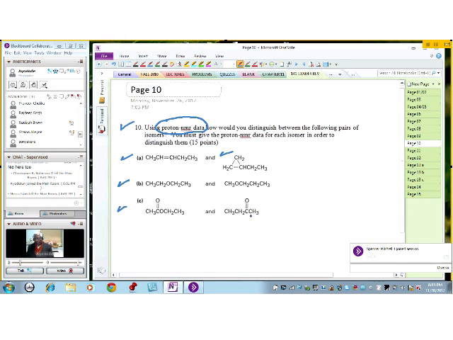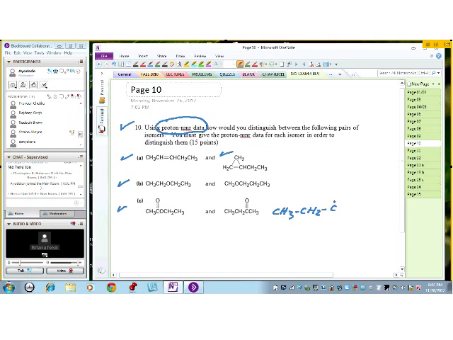I do want to point out to you, though, in C, there is an oxygen missing here. So let me go ahead and write the correct structure here. This is supposed to be this structure. They were missing the oxygen.